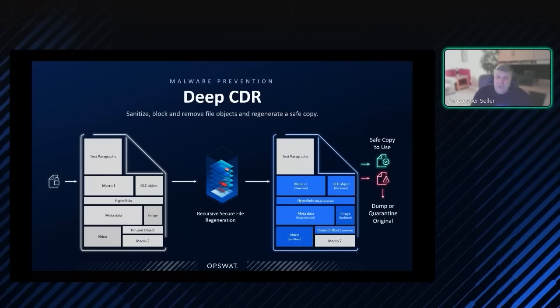And so our technology will go through and remove anything that is going to cause malicious behavior or ill intent on your organization. What you see here is that we pass that through our technology. Macros are removed, hyperlinks are regenerated or redirected, video technology is sanitized, etc.